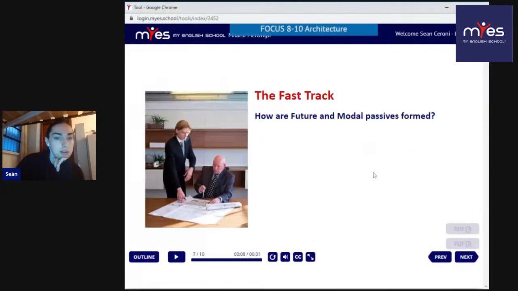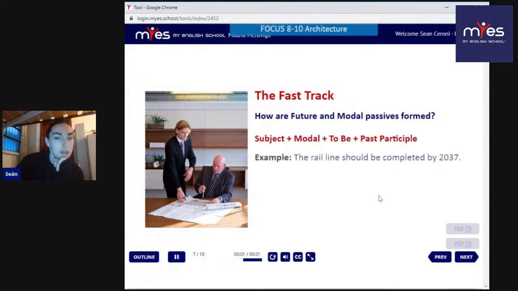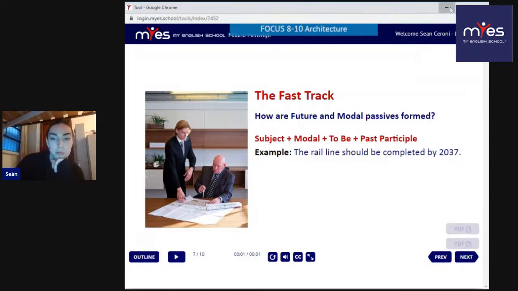And future and modal passive, it's the same thing. You put to be in the future simple, will plus be, or a modal verb, can plus be, could plus be, should plus be, would plus be, must plus be, any modal verb.